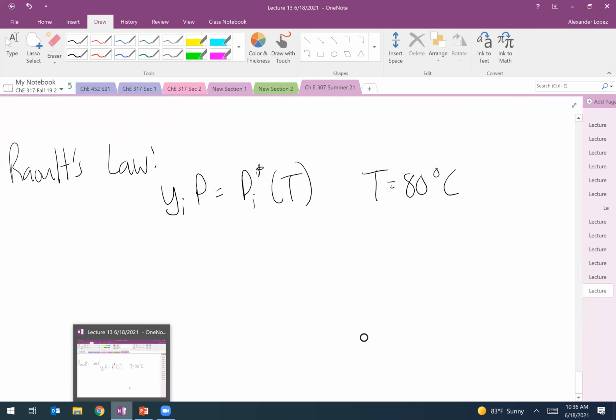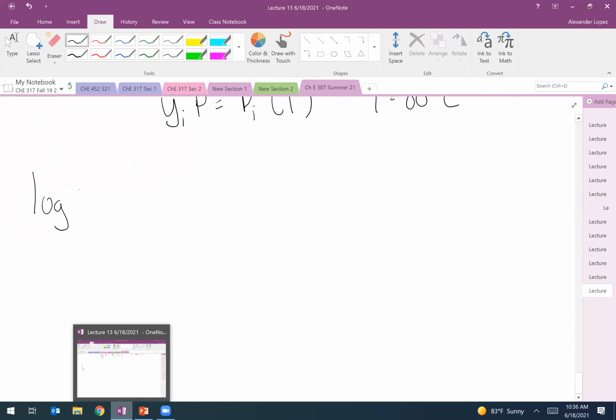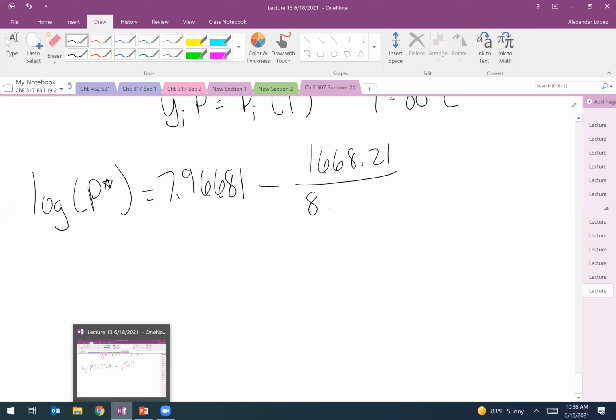So now going back to my Antoine's equation, I have log of P star equals 7.96681. I told you it would show up a lot. Minus 1668.21 over now 80 degrees C plus 228.